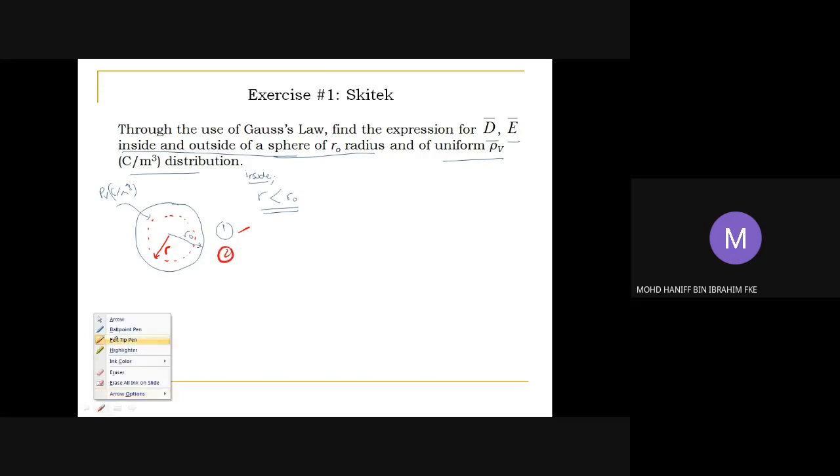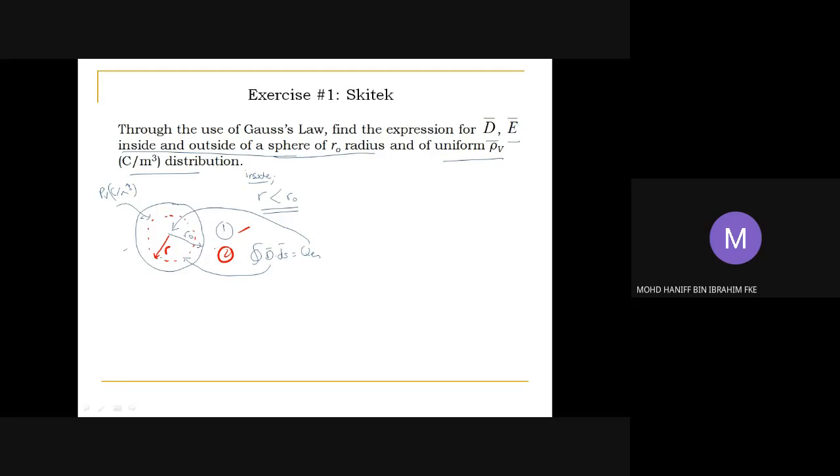The second step is that you have to use Gauss law: the closed integral of D dot dS equals the enclosed charge.